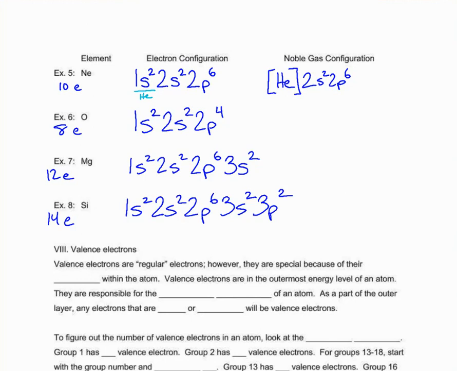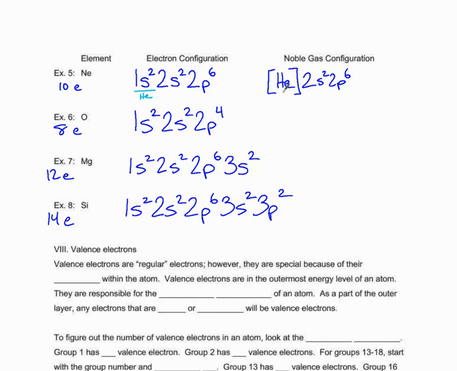For a smaller atom, it may not be any less work for the noble gas configuration. But for a larger atom, it's going to be very helpful. Here's one thing that you cannot do. So we're talking about neon, and we went up one period and all the way to the right.